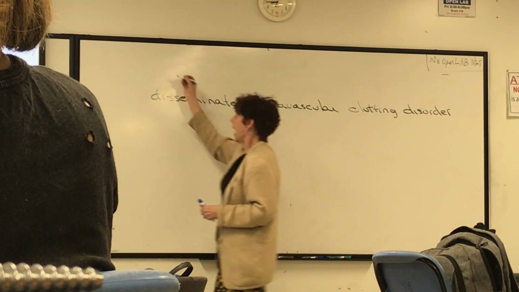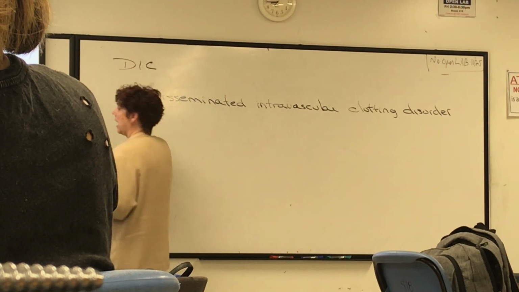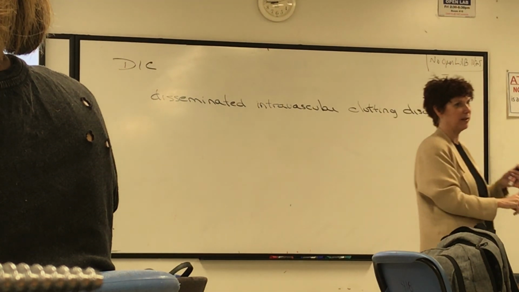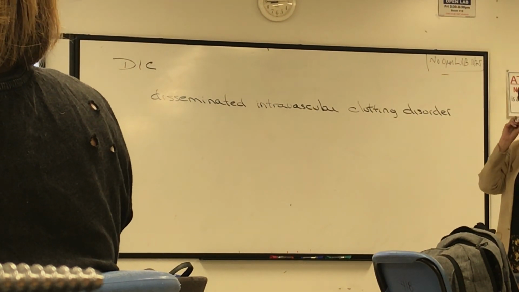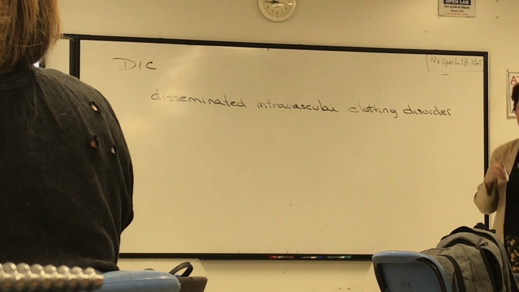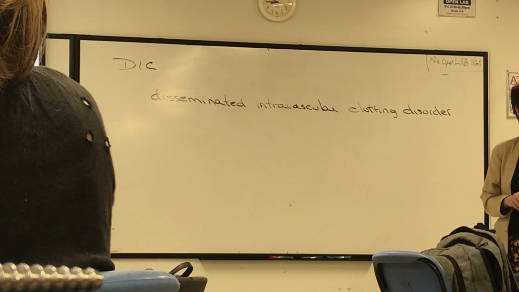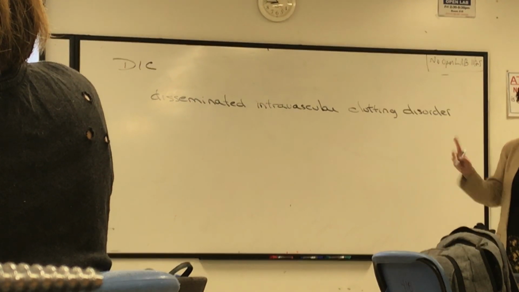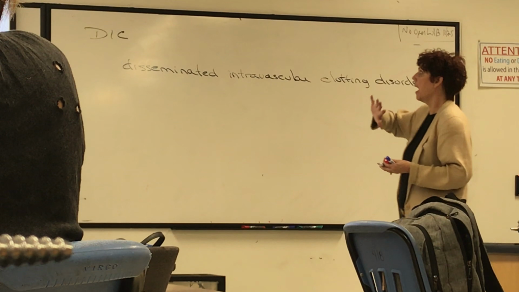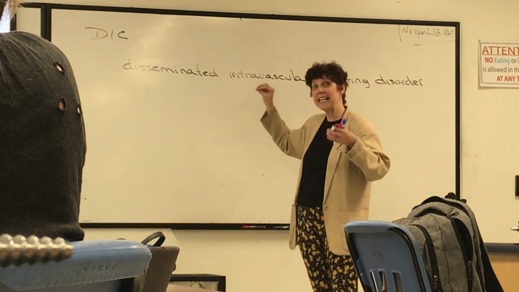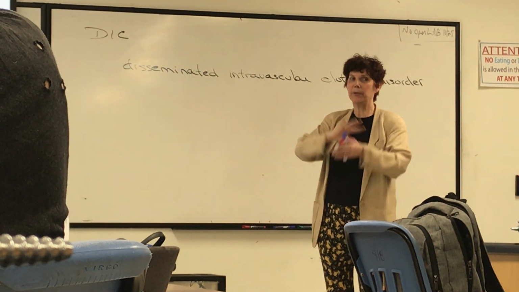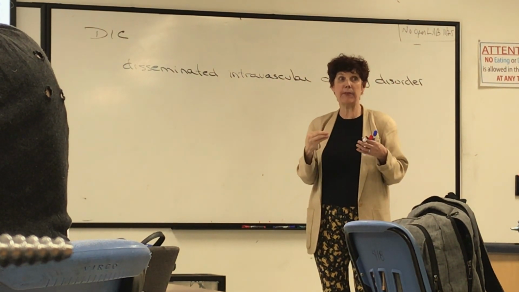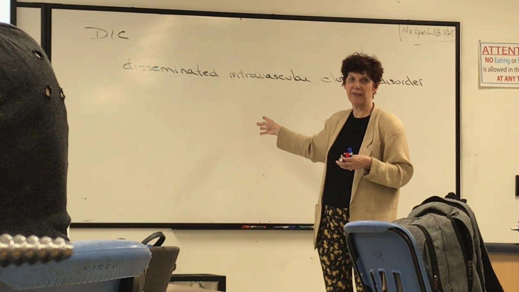So, as a result of either the prostaglandins that she was given to start the process of being ready for labor, or toxins from the baby, although he didn't smell, there wasn't any appearance of decay, toxins from the baby being dead in her uterus for so long, either of those could have caused a massive dissemination of tiny, tiny, tiny little clots throughout her body. So tiny that they didn't affect her vessel function, but enough of them that they used up her clotting factors.